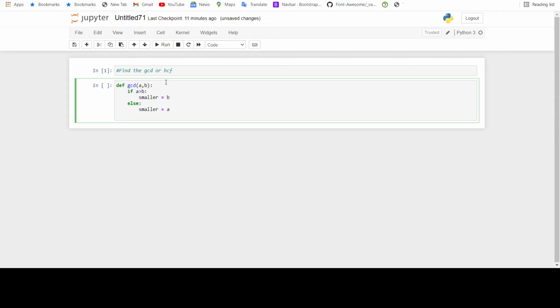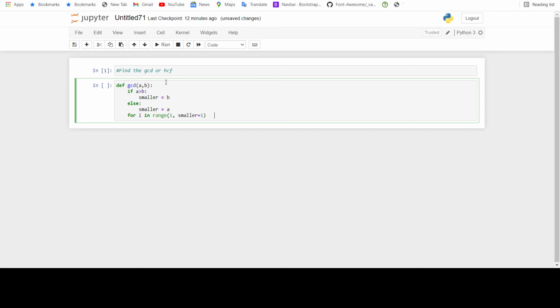Next, we have found the smaller number, and as I said, we should create a for loop from 1 to that number. For i in range of 1, because 0 cannot be a factor, to the smaller number. But as I said in the previous videos, the range function does not include the last value, so we must increment this by 1 to include the last value also.